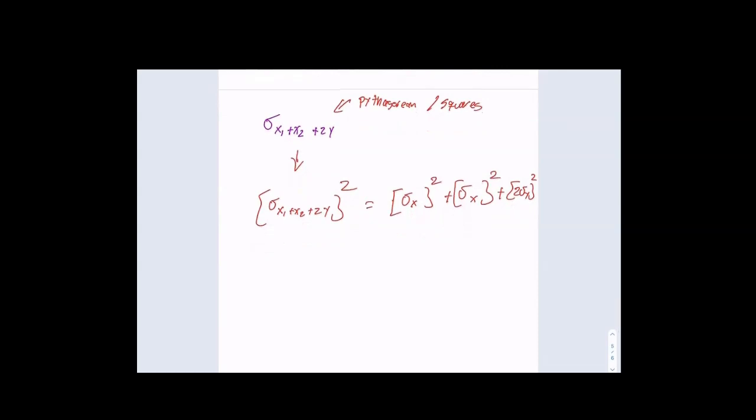All right, now what happens with those standard deviations of x's? How many standard deviation of x squareds do I have? 2. So I get 2 standard deviation of x squared.